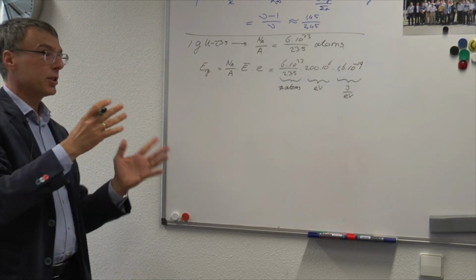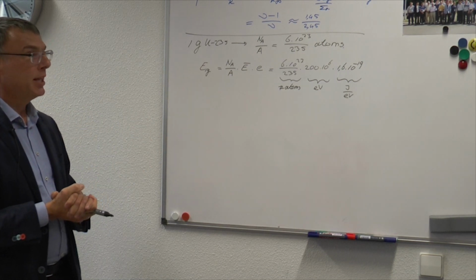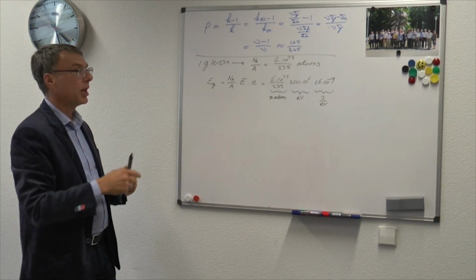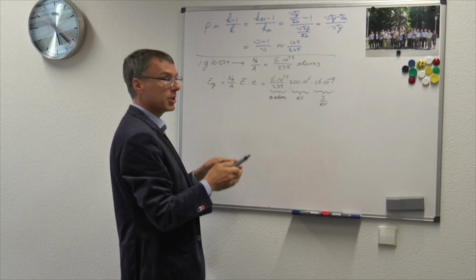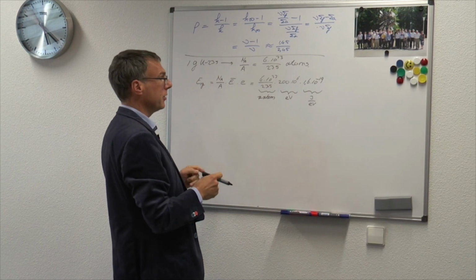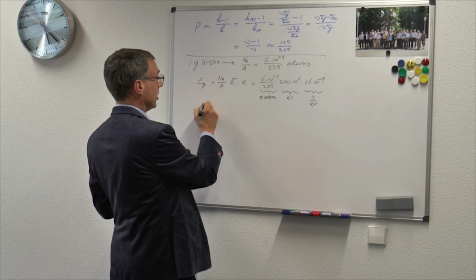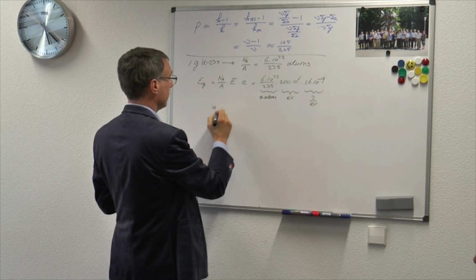Now we have to convert it to megawatt day units. And the megawatt day is the amount of energy released during a day. So if this amount of energy, 1 gram, is released during a day, you have to divide by the number of seconds in a day. So that means that the energy then becomes this amount.